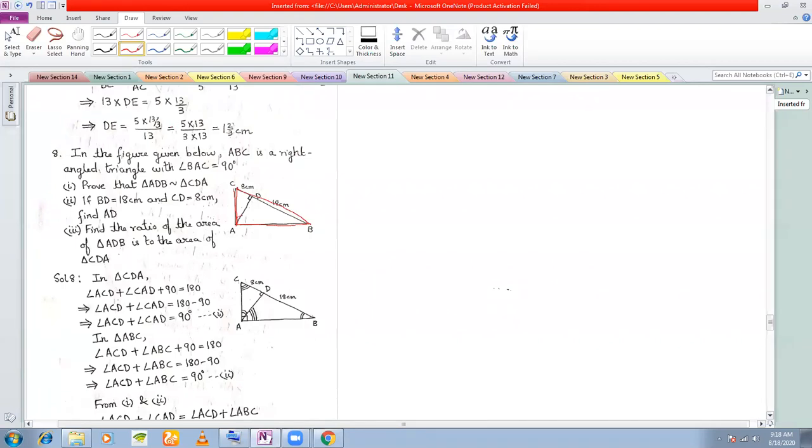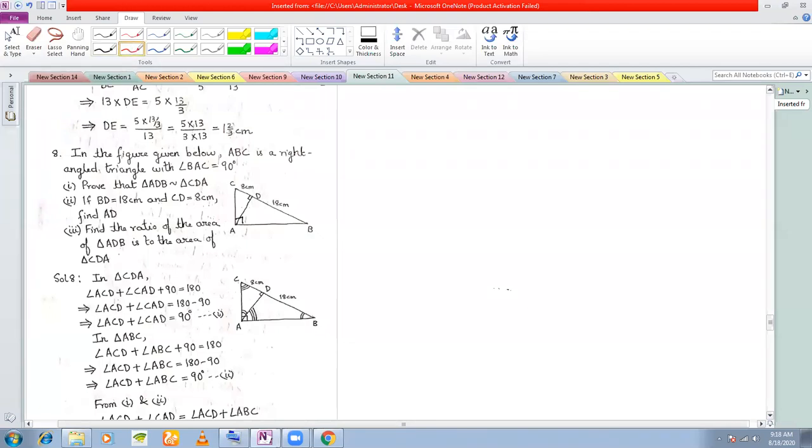That means this angle is given to you as 90 degree. And what else is given? Nothing else. Now the question starts. Prove that. So what I do here is I give this right angle symbol here so that I know this is a right angle. And now I proceed. You need to show that triangle ADB is similar to CDA.